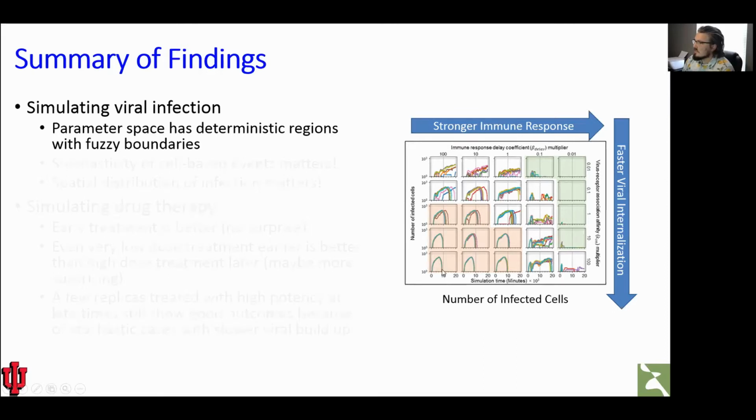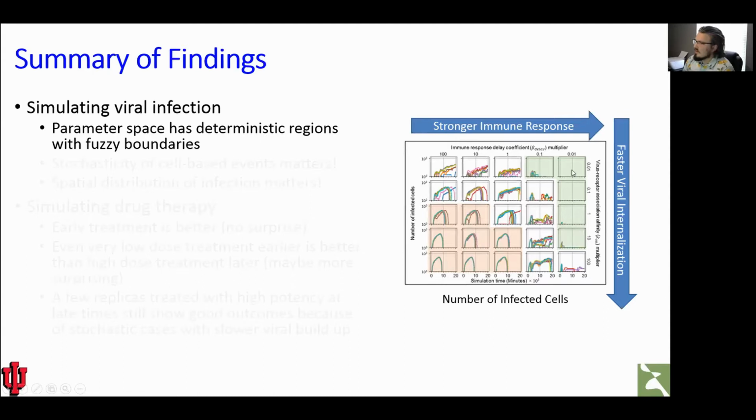Now, you'll notice that in the bottom left, in this red shaded region, this is a weak immune response and fast viral internalization. And in this corner here, you see this deterministic behavior. And in the top right, this is a stronger immune response and slower viral internalization. And on all of these green regions, these are mostly deterministic.